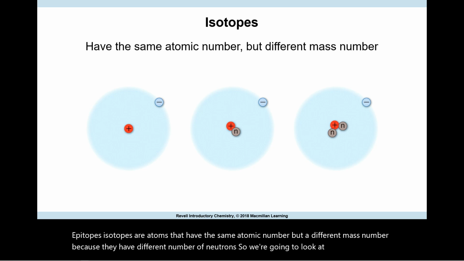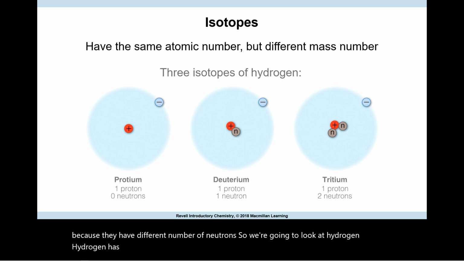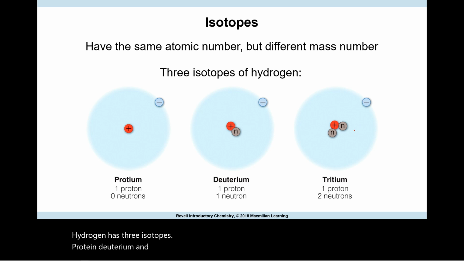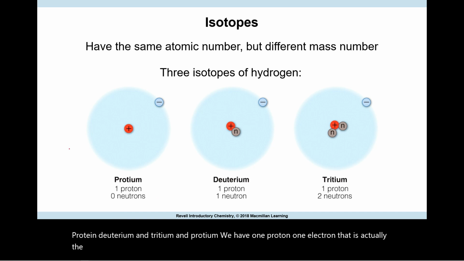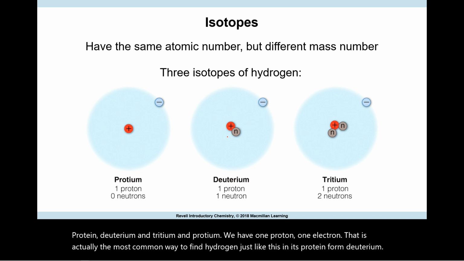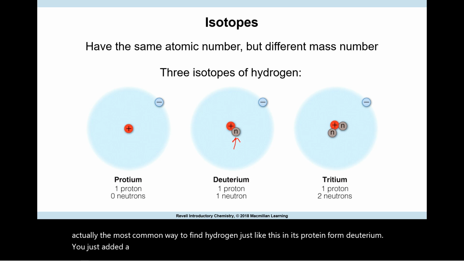So we're going to look at hydrogen. Hydrogen has 3 isotopes: protium, deuterium, and tritium. In protium, we have 1 proton, 1 electron. That is actually the most common way to find hydrogen, in its protium form. Deuterium, you just added a neutron to it, 1 neutron, and now you have deuterium.